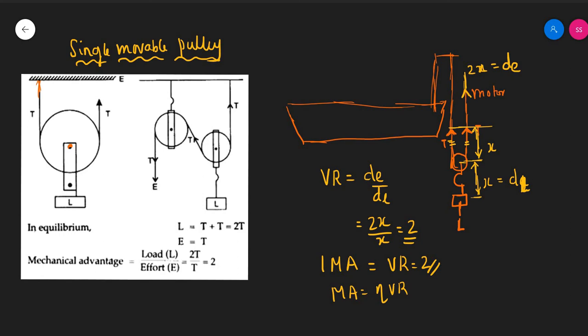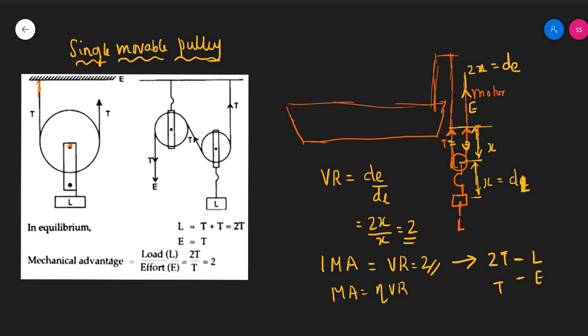If you look at it from the mechanical advantage point of view as well, you can see that there are 2 tensions, and 2T is balancing the load, and the effort you put in is only 1T. That means the effort you are putting in is actually equal to the tension of the rope here.